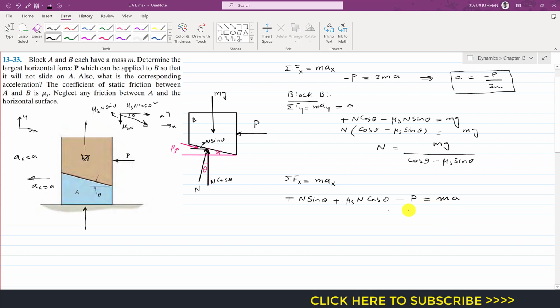Now as we know, this acceleration is equal to minus P divided by 2m.